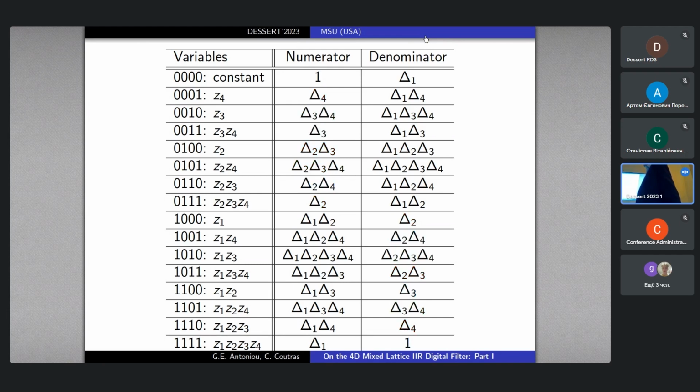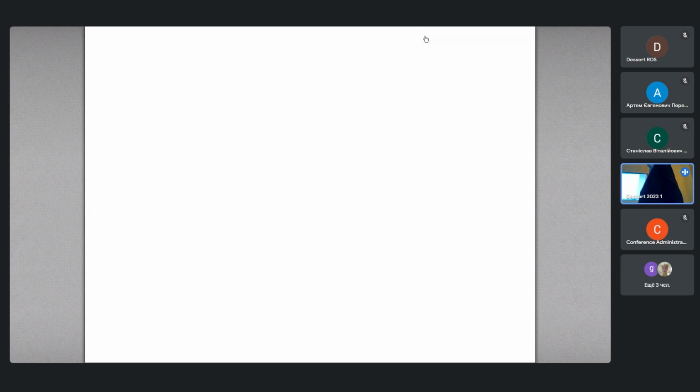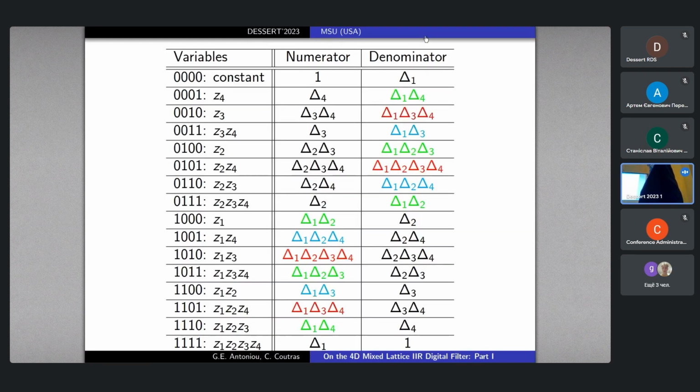Delta 2 is the same. Also, the other way around, it's symmetrical. I can go up and down, so therefore, you can see that this is a mirror image of the numerator and the denominator. So therefore, the 1D structure, okay, applies to 4Ds.